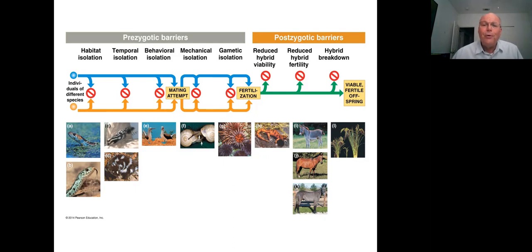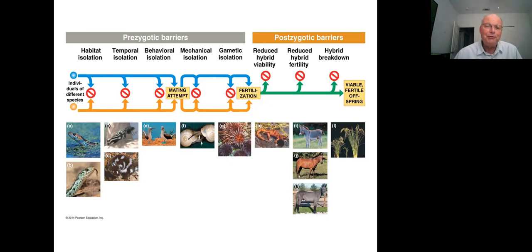If it is possible for them to produce offspring, but those offspring themselves are sterile and unable to reproduce, then we still have a barrier. This is reduced hybrid fertility. And this is what separates donkeys and horses. You should be aware, I hope, that donkeys and horses can breed and they produce mules. This is where mules come from. But it is not possible to produce a breeding population of mules by virtue of the fact that the male mules are sterile.